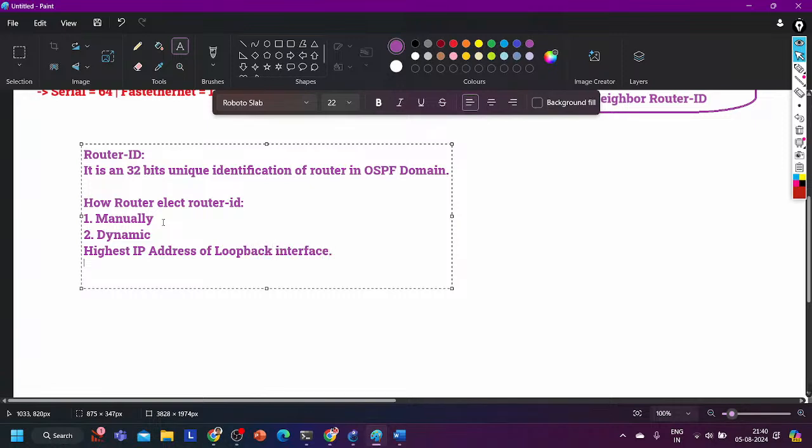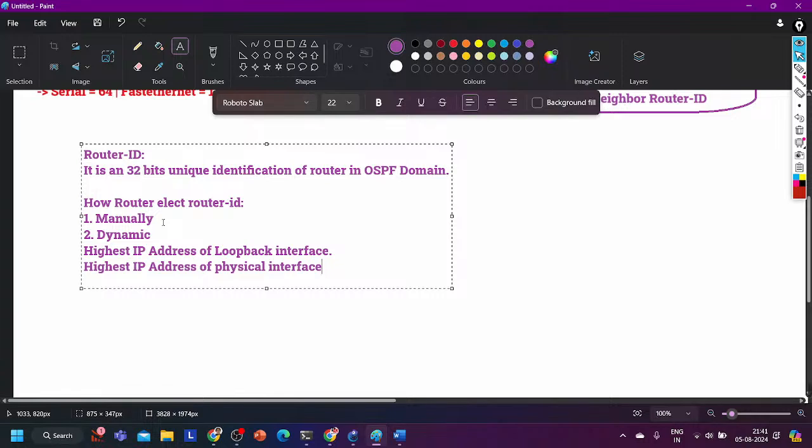What if the loopback does not exist on the router? Then, guys, the highest IP address of the physical interface. The IP address which is running on the physical interface.